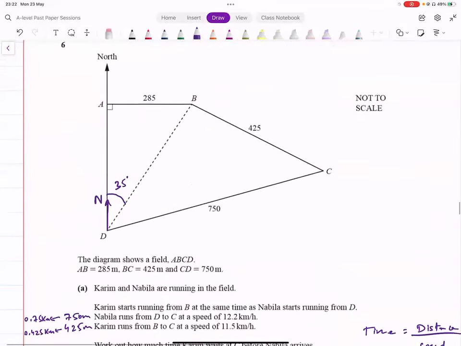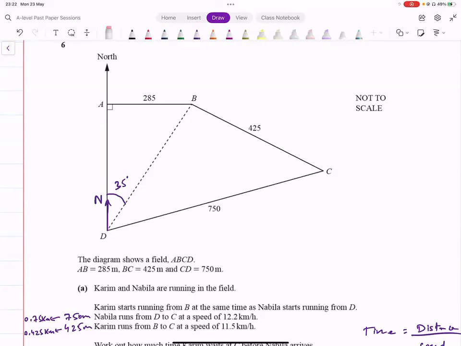Okay. AD ये आपको length चाहिए. This is the vertical length. It's a right angle triangle in which you know this side and you know this angle. आप simple trigonometry use कर सकते हो. So इस angle के हिसाब से this is your base and this is your perpendicular. तो आपके पास base और perpendicular है. Base और perpendicular में कौन सी ratio होती है?